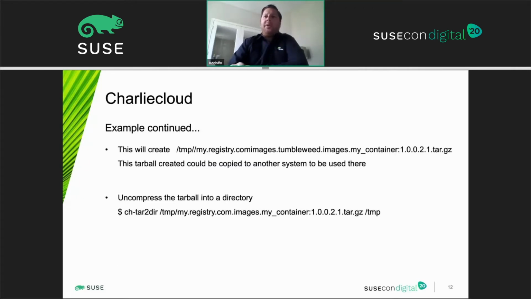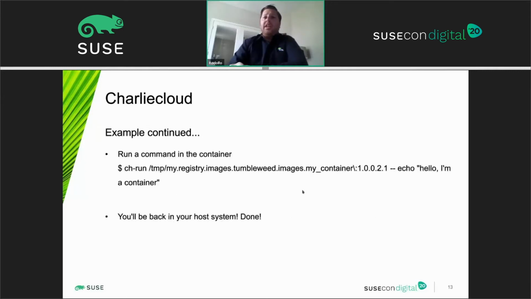This tarball can be copied over to other systems for use by Charliecloud. You then will simply decompress the tarball into a directory of your choice with the command ch-tar2dir. Finally, you can run your newly decompressed container with the command ch-run, and you'll be back at your host system.